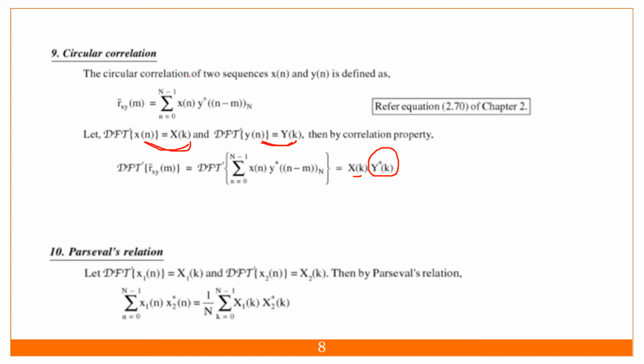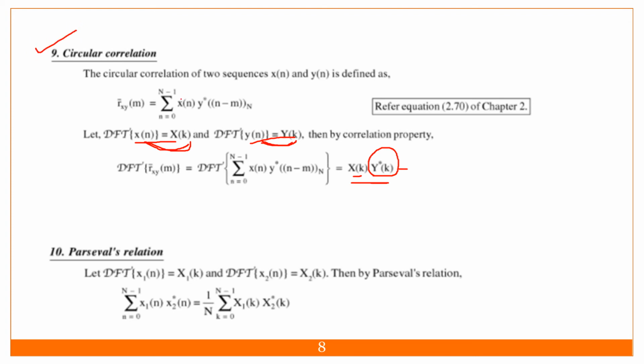So just take the DFT of the first sequence and the DFT of the second sequence, take the complex conjugate of the second, and multiply normally, and you get the circular correlation property.